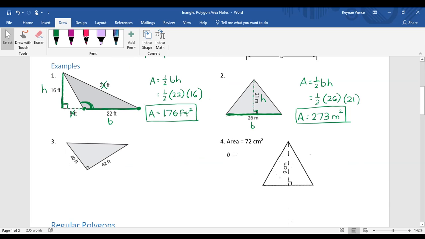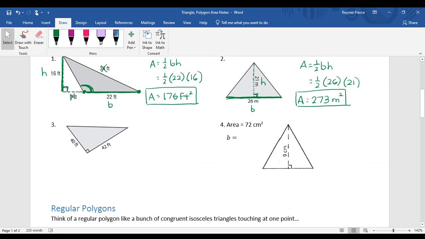With a right triangle, so if our triangle has a right angle in it already, those two sides that make the right angle, the legs of the right triangle, if you remember that from the Pythagorean theorem, those are the two numbers that we're going to multiply. It doesn't matter which one you make the base and which one you make the height.